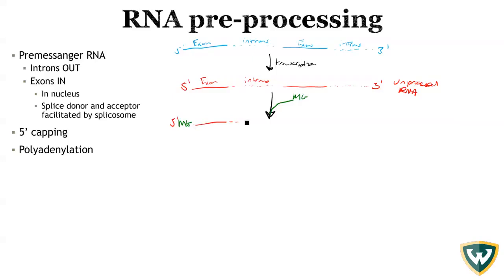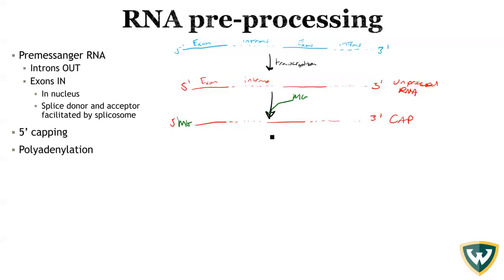But we still have all of our exons and introns. And so now we have a partially processed mRNA, which has a 5' cap added on the end. So this step adds a cap. But we need to process it further.